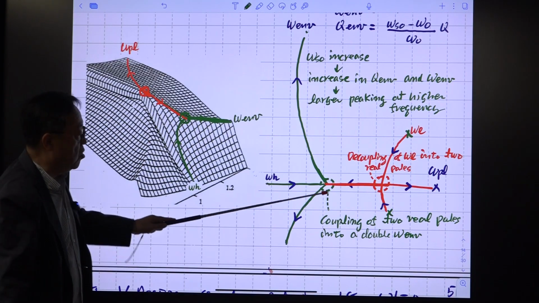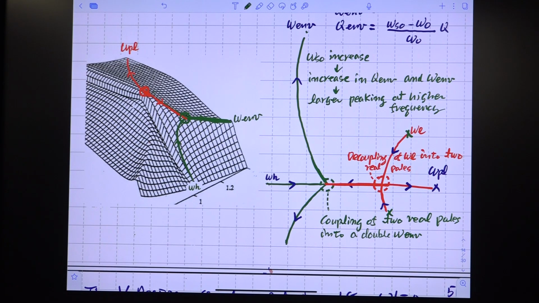The omega E and B is at this frequency. Q E and B is 0.5, and Q L is 0.5.